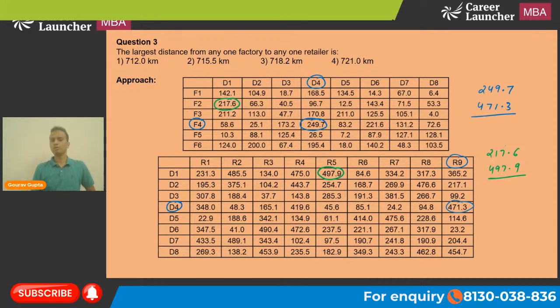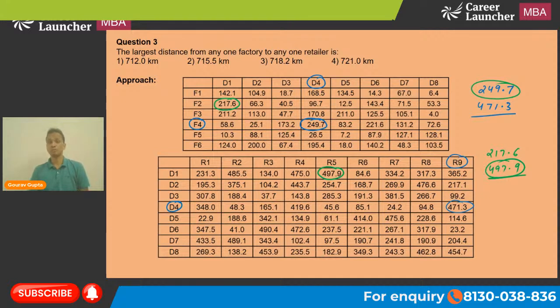Now to get to these two values, what approach did I use? I selected the largest number from table number 1 and selected one of the numbers corresponding to the same depot from table number 2. Then the second scenario, I selected the largest number from table number 2.